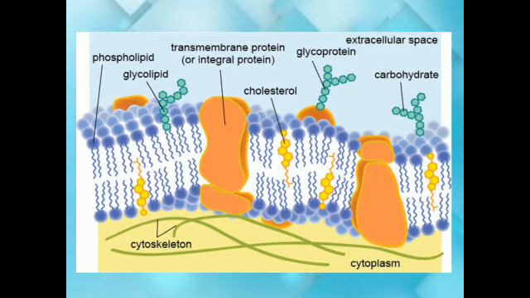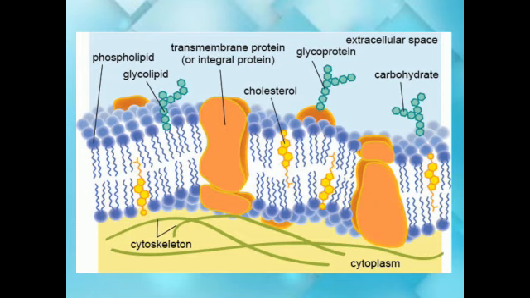That means it would have one head and two tails. Head is hydrophilic or polar, and tail is hydrophobic and non-polar. Phospholipid molecules show two types of movement: transition movement and flip-flop movement. Transition movement is the movement of phospholipid molecules in the same layer. In flip-flop movement, the movement of phospholipid molecules is between the two layers.